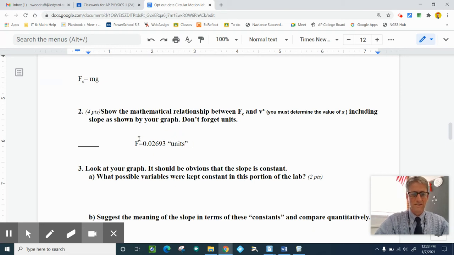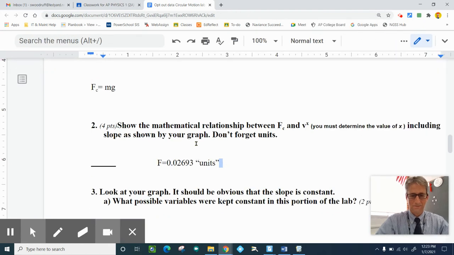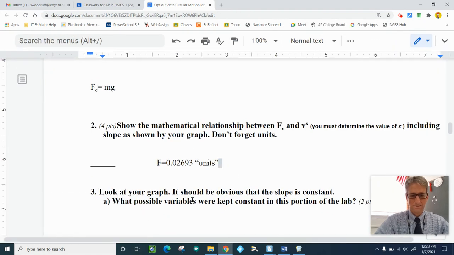So this is y equals m. Where's x? All right, well, so it's going to be times x. What's your x-axis? Well, it's v squared. Okay. This is in Sheets.